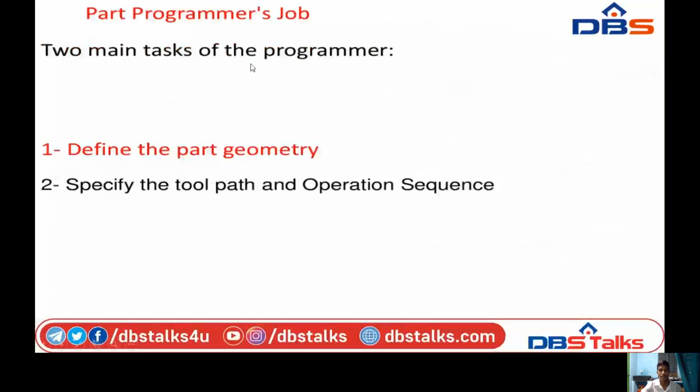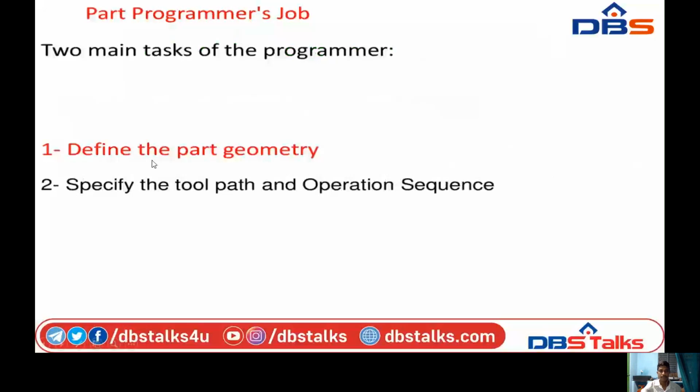Next, the part programmer's job. In the previous slide, we discussed what tasks should be completed by the part programmer. The first part is defining a part geometry and specifying the tool path and operational sequence.